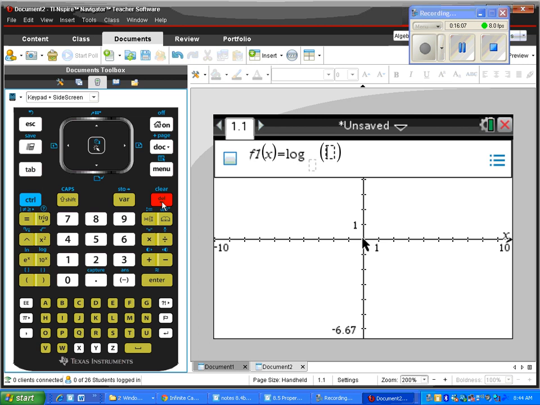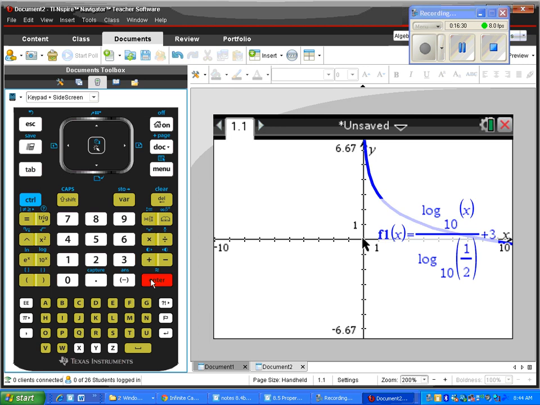The first log needs to be my x, my argument. I'm going to divide this by log of my base, 1/2. After I do that division, I want to add 3, because that's what the problem said. I'm going to hit enter, and this is what my problem looks like.